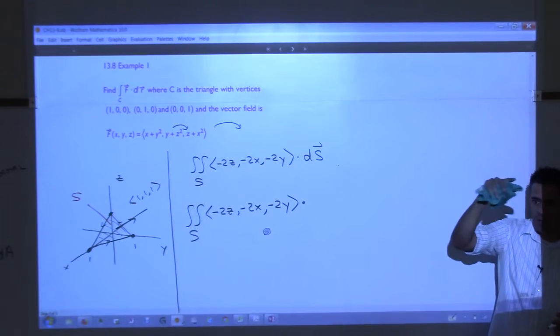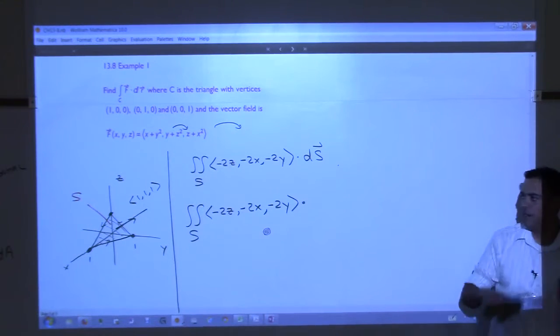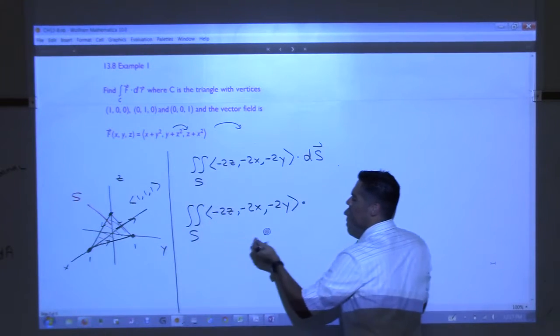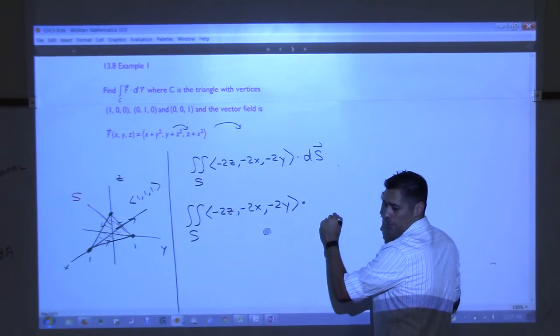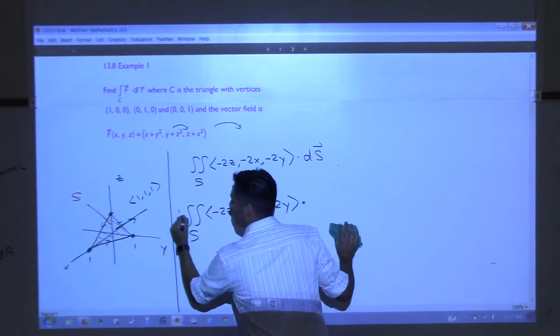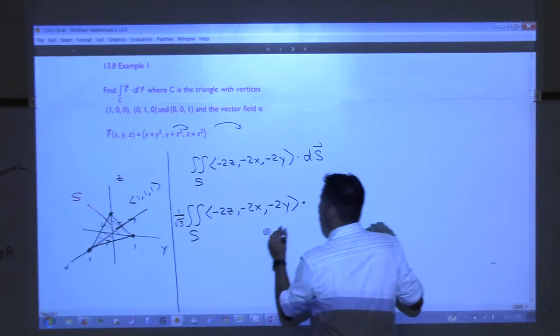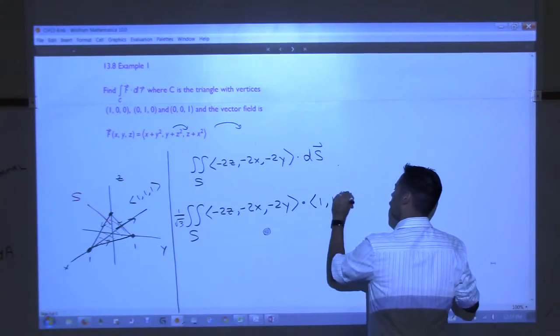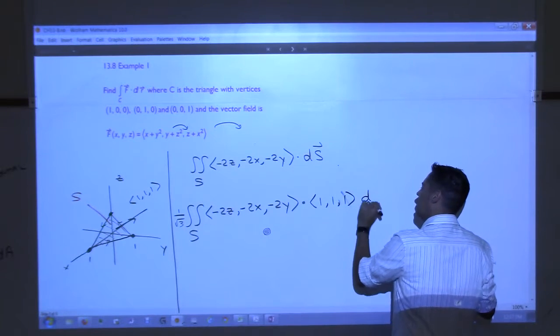The numbers in front of x, y, and z give you the normal vector. So it's this vector, but I have to scale it by 1 over root 3, right? I'm going to put that out here, 1 over root 3. That's just going to come out of the whole thing, and I'm going to dot it with 1, 1, 1, like that.